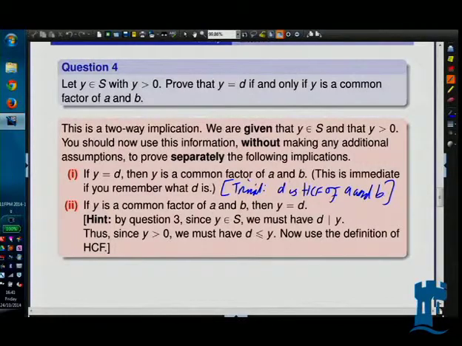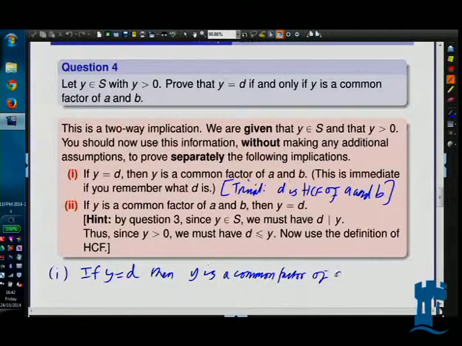So we'll start with a few final details here. What did I say? If y equals D, then y is a common factor of A and B because D is. So that's easy.